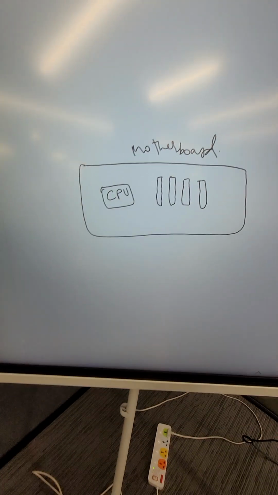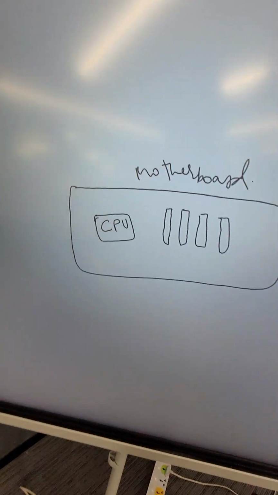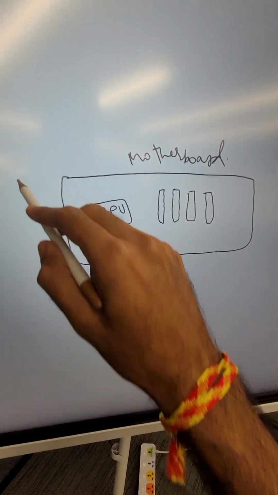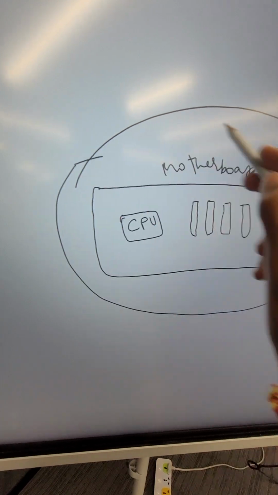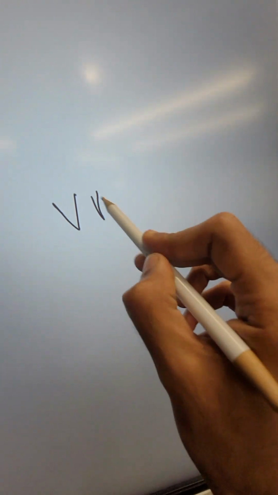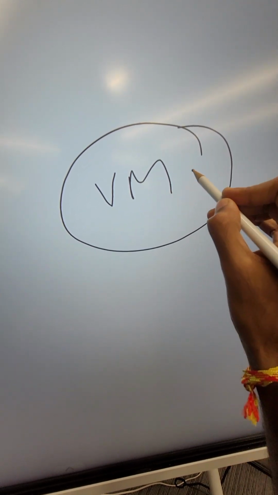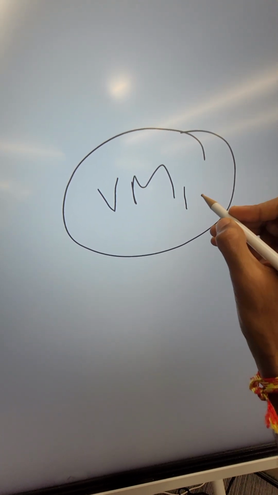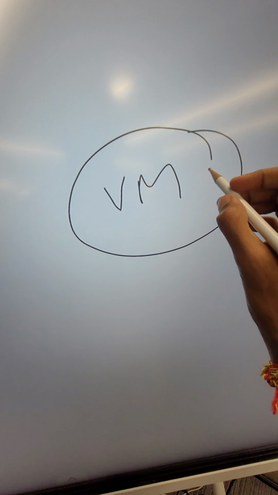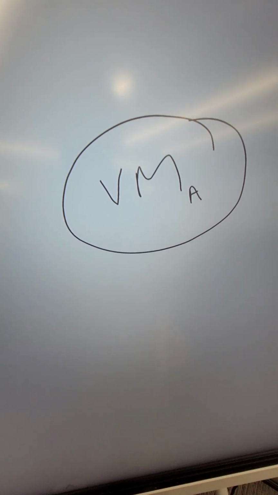Whenever you want to scale, let's say you have one physical machine, or one VM. Now, what do you do to scale it? Let's say this is VM1, or let's say VMA.